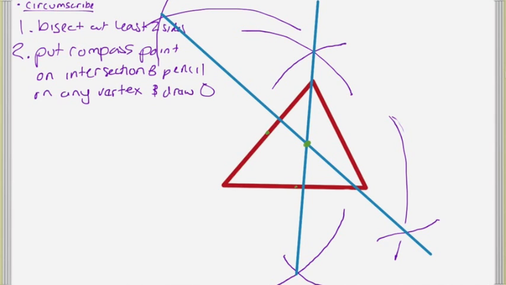Okay, so you put your compass point on that intersection point, put your pencil on any of the three vertices, and it should not matter which one, and make a circle, and mine is going to be horrible. Oh my goodness, so horrible.